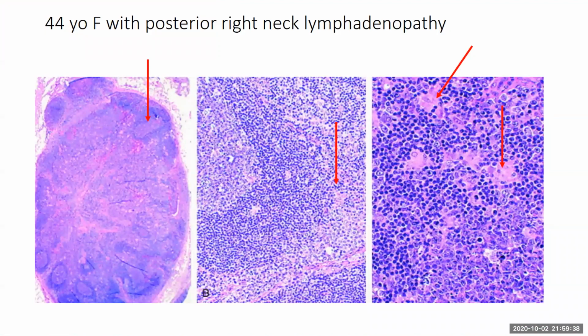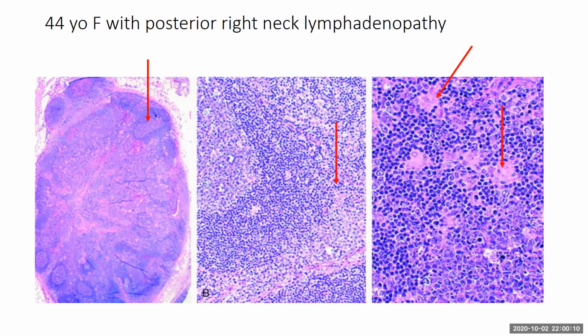So this is from a 44-year-old female with posterior right neck lymphadenopathy. And this is like a triad of findings, if that gives you any hint. Follicular hyperplasia, monocytoid B cells, epithelioid histiocytes. Is that a viral infection? This patient also has a cat.